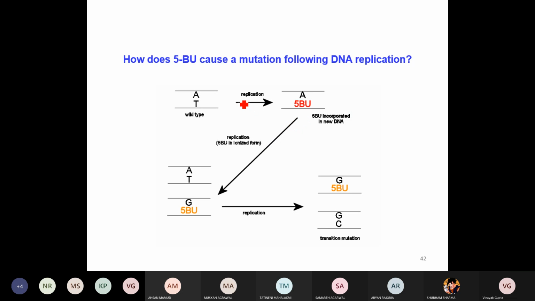Following DNA replication, the cellular machinery has introduced 5-bromouracil against A. Now let's do the DNA replication one more time, growing cells in normal conditions. Opposite to A we have T, but opposite to 5-bromouracil we will have G. Do one more replication and see the ultimate outcome, AT to GC. Use the concept, and these things will look very simple.